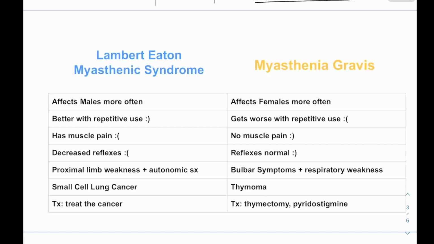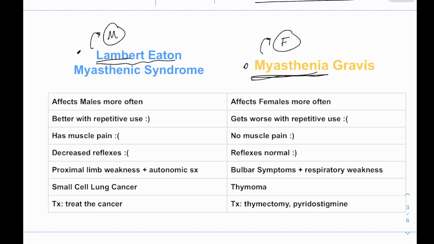Next, exams will also ask you about differentiating characteristics between Lambert-Eaton and myasthenia gravis. Initially, just to put down a little bit of a framework on how to memorize this information, I first look at the names of the diseases. The way I think about it is that myasthenia sounds more like a woman's name, and Lambert-Eaton sounds more like a guy's name.